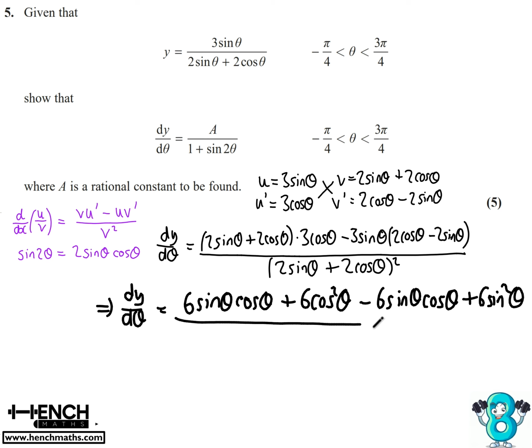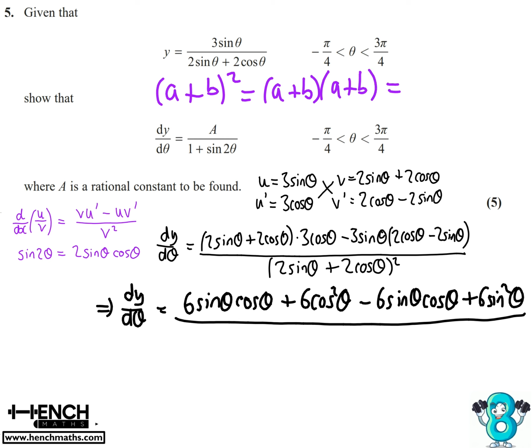And then your denominator, so we just need to be careful on the bottom here. So we've got this bracket squared. So remember that if you had a plus b squared, that's a plus b multiplied by a plus b. So you've got to be careful multiplying out. So you get a squared plus ab, so plus 2ab plus b squared. So that's the idea we need to apply here.